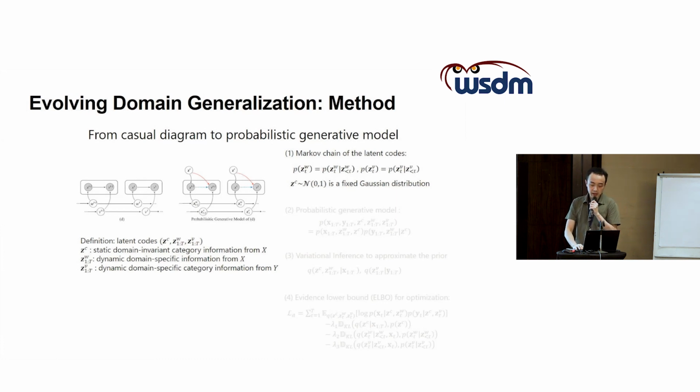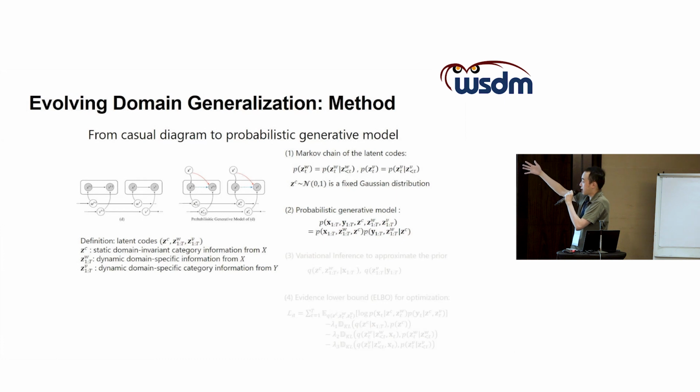After having this probability generative model, based on the data, the label, as well as the latent variables related to the concept, for example the domain-specific category or the domain environment information, can be modeled here.